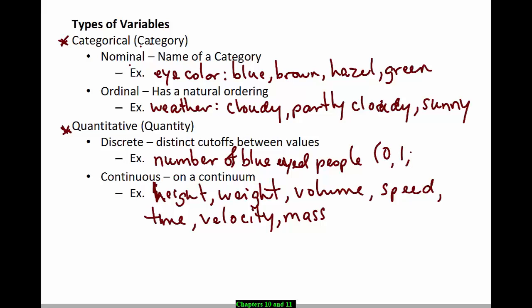So that could be 0, 1, 2, 3, etc. Notice there that there is no number between 0 and 1. You can't have a half of a person with blue eyes. So these numbers cannot be put on a continuum. There is no way to measure out to any decimal places when you're counting something.